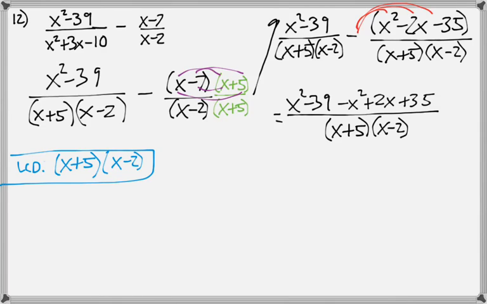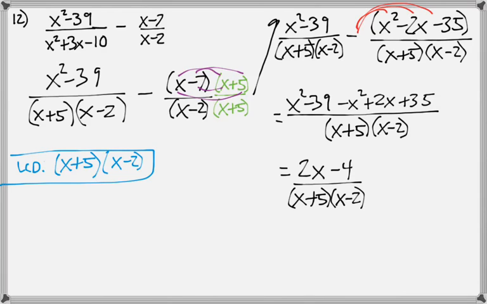So if I simplify that, x squared minus x squared, they go away. I have a 2x, and then -39 plus 35 is -4. And I have an x plus 5, x minus 2. Now I've combined like terms, but I also want to try to simplify this answer.